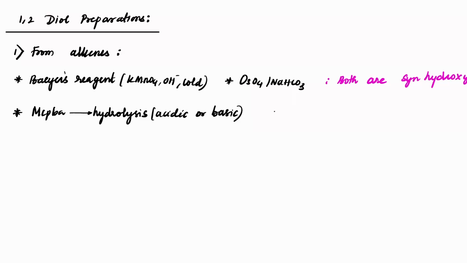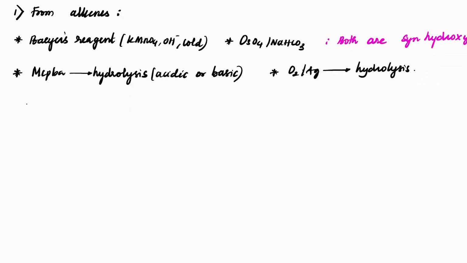Okay, next we can have O2 in Ag followed by hydrolysis. This is exactly the same as MCPBA. Next, if you have X2 in the presence of H2O, in alkaline hydrolysis, that is also from alkenes.